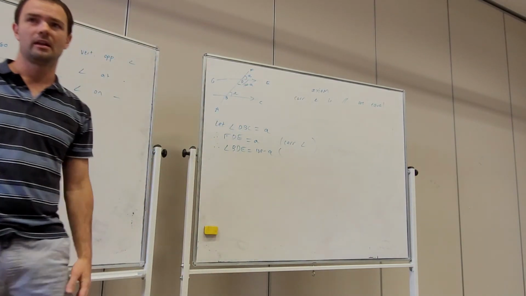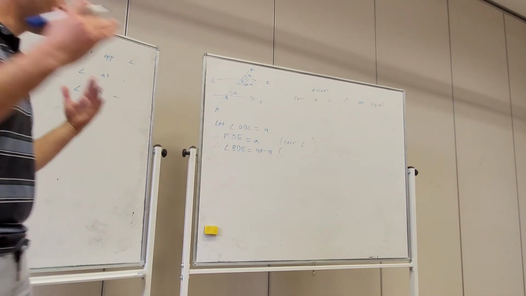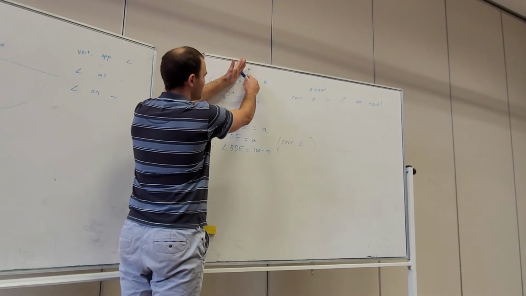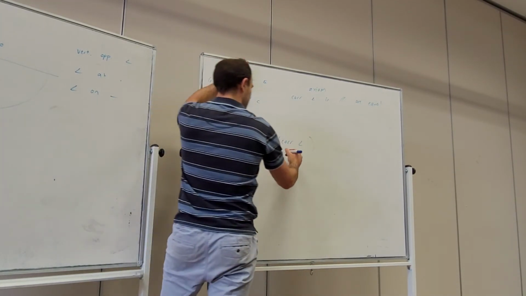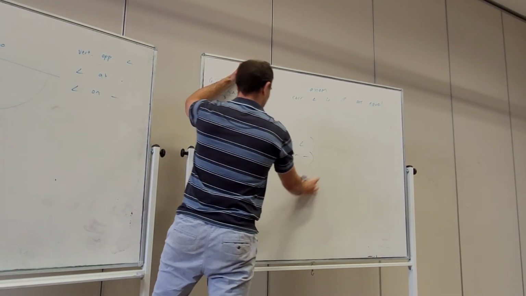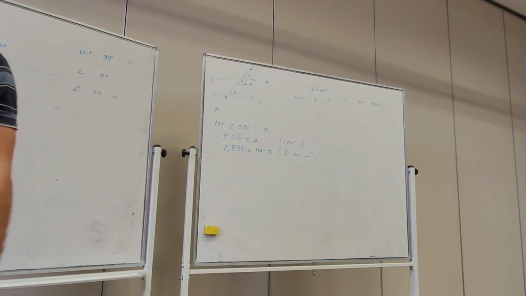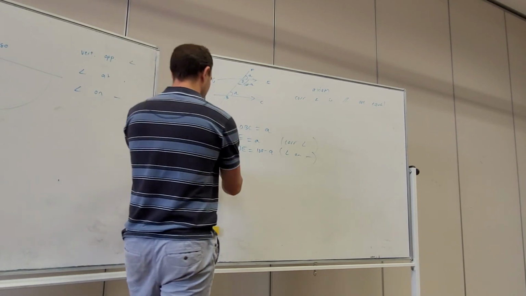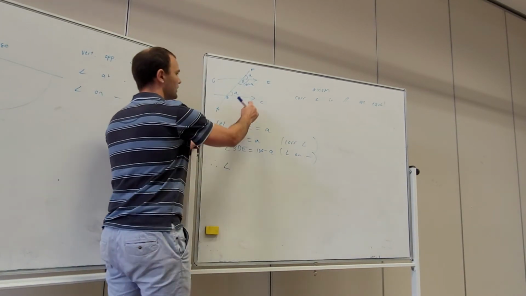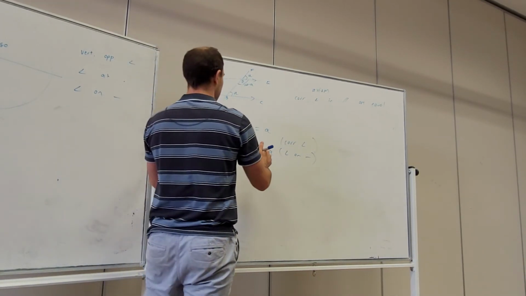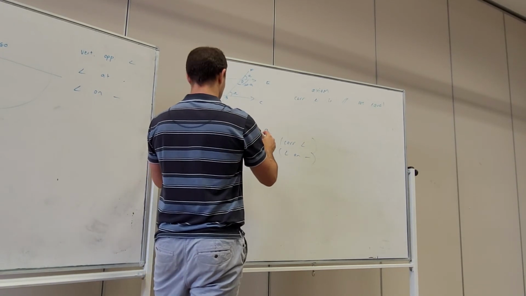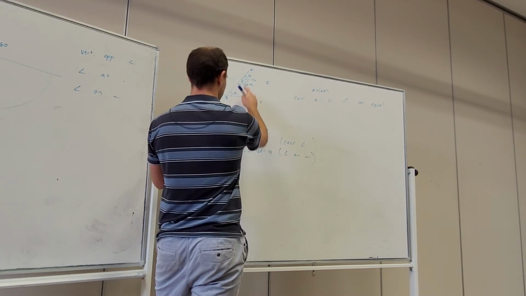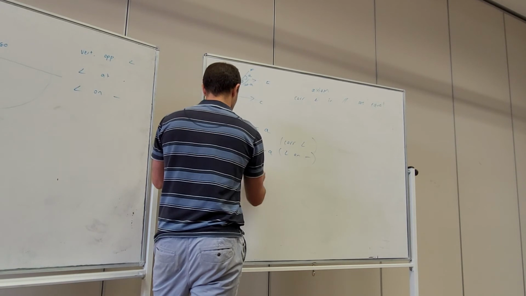How do I know that? That's because angles on a line are 180 degrees. Here's a straight line. This is alpha. This is 180 take away alpha. And now look at this. If we have angle CBD, or how did we describe it previously? DBC. So let's make sure we use the same notation.